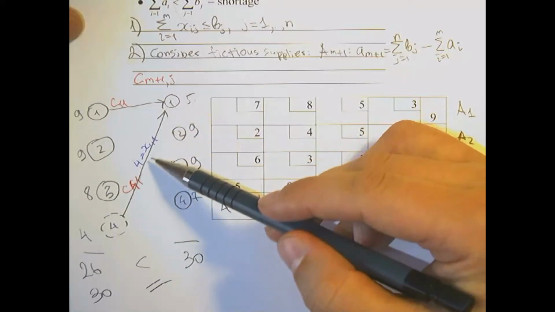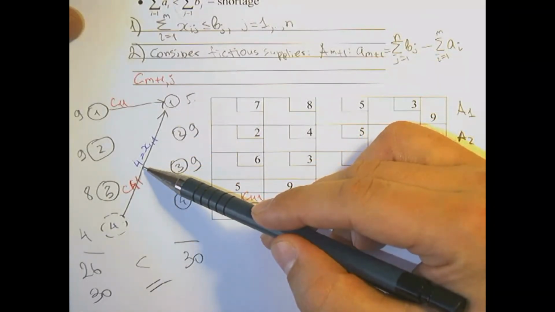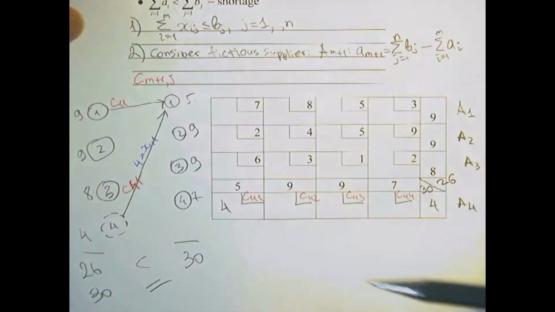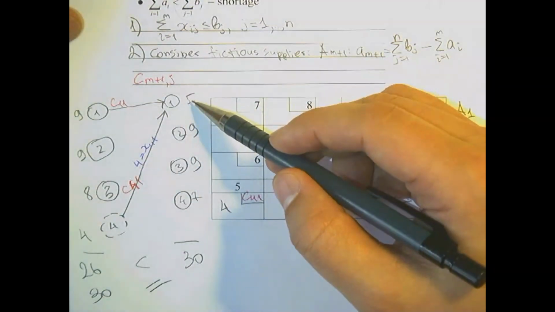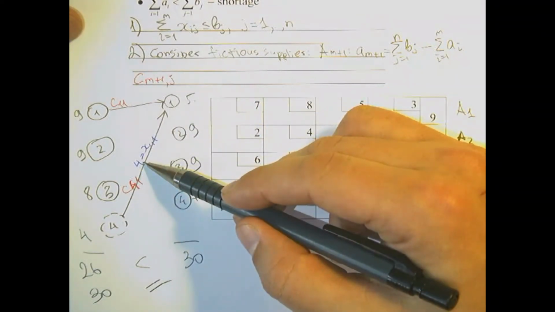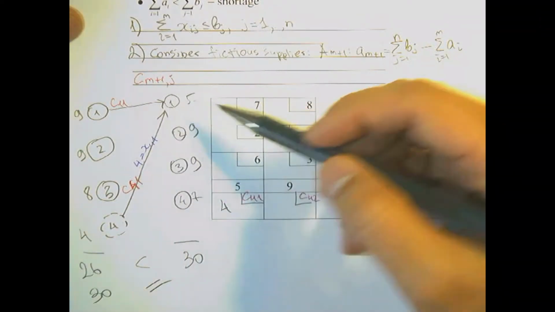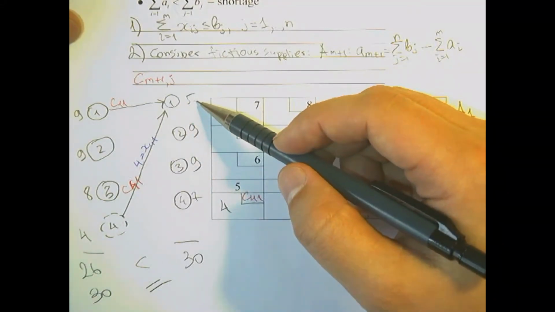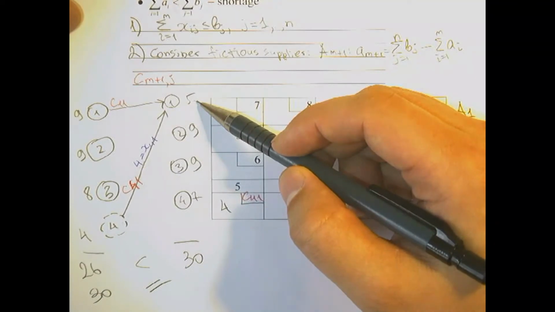But there are 4 Chocoboxes of unsatisfied demand of the first customer. So it means that this customer needs 5 Chocoboxes. 4 Chocoboxes we do not deliver to him, so we deliver to him only 1 Chocobox. Of course, this customer calls us and says, where are my 4 Chocoboxes?